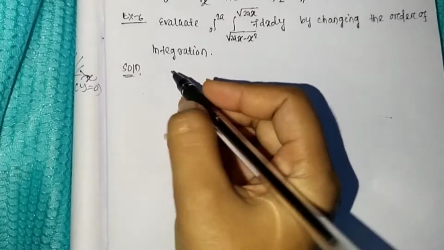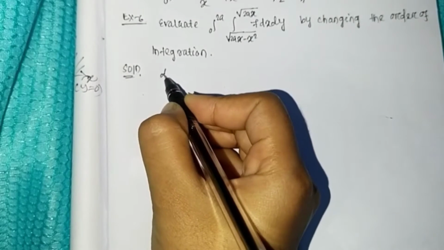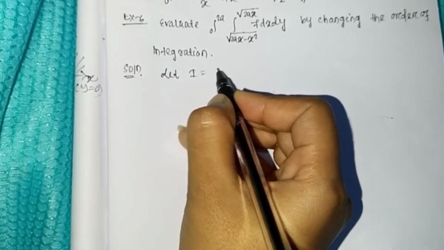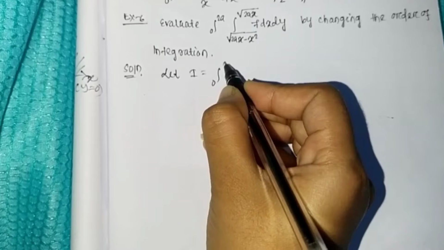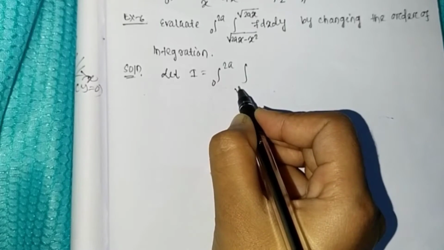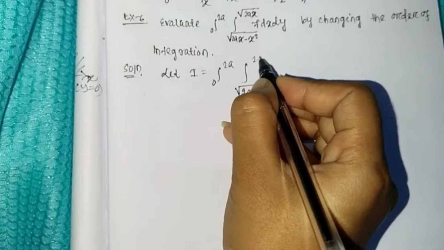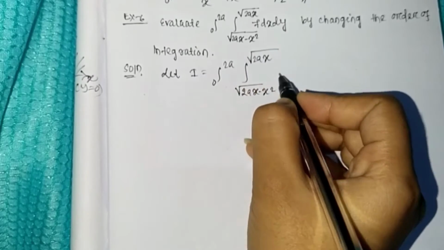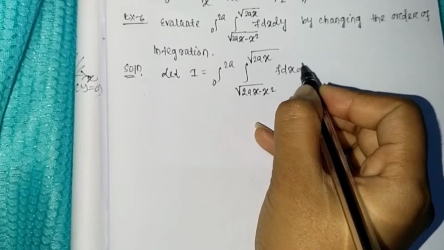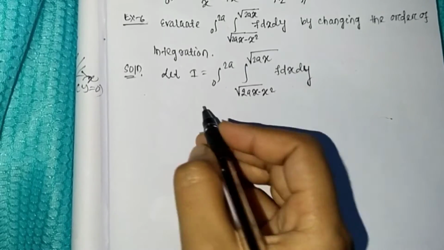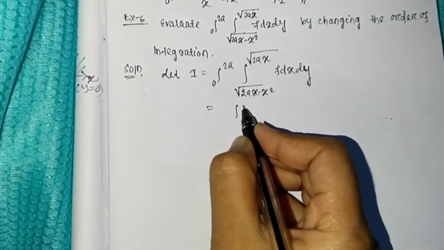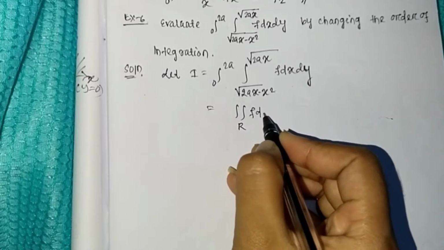So now we see, let I equal to integration from 0 to 2a, integration from root of 2ax minus x square to root of 2ax, f dx dy, that is equal to double integration over R of f dx dy.